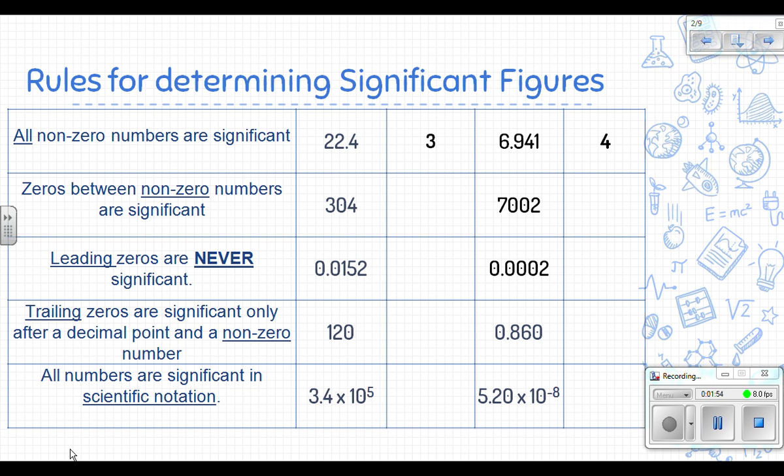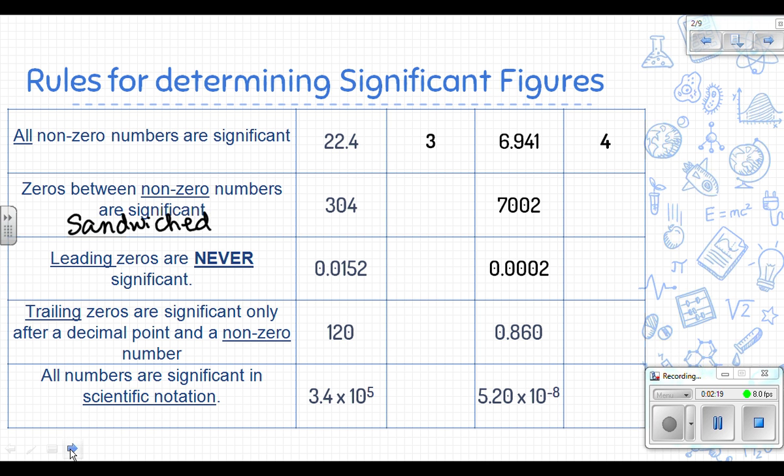Now our second rule says that zeros between non-zero numbers are significant. What I like to say on this one is these are our sandwiched zeros. If zeros are in between non-zero digits, so for example, we have 304.